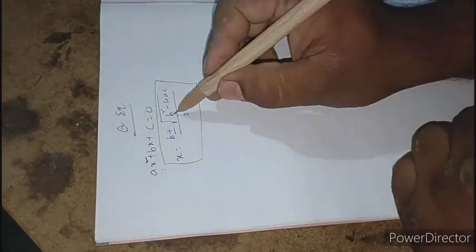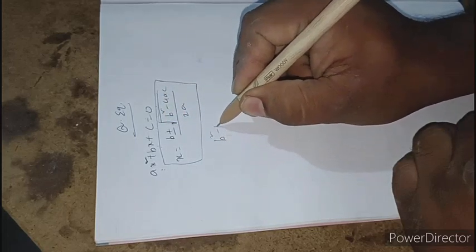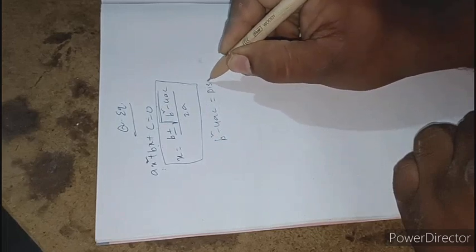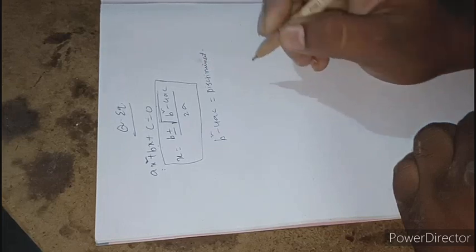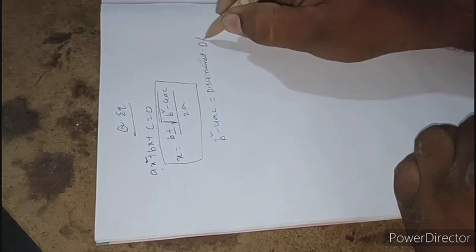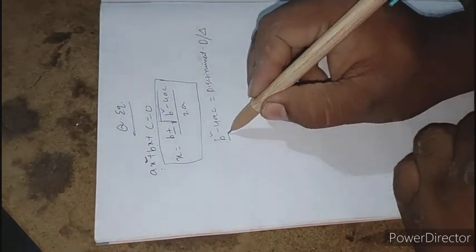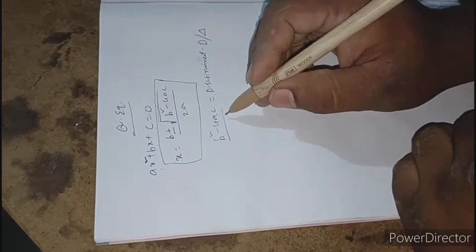The term in the square root, b square minus 4ac, is called the discriminant. It is denoted by D, or sometimes by delta. There are several types of conditions according to the discriminant b square minus 4ac.